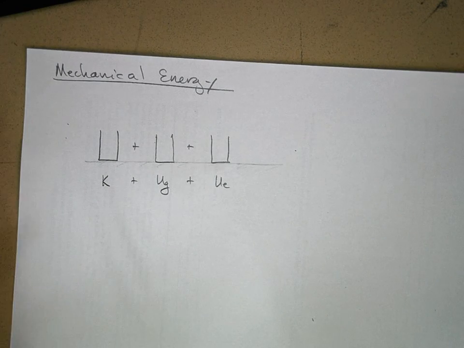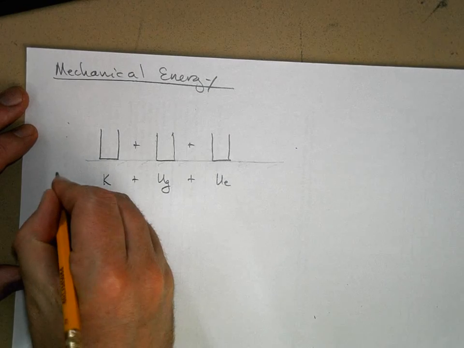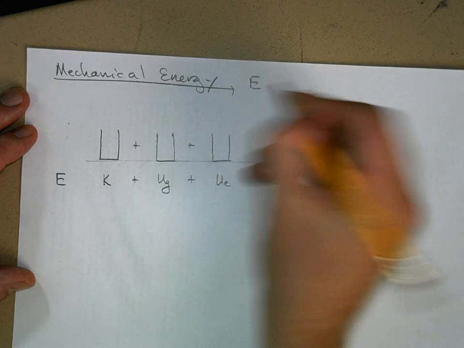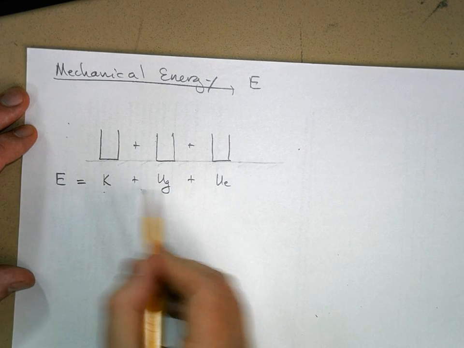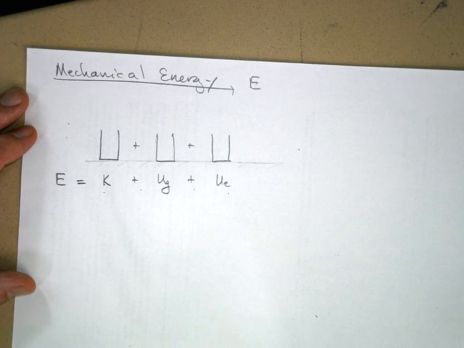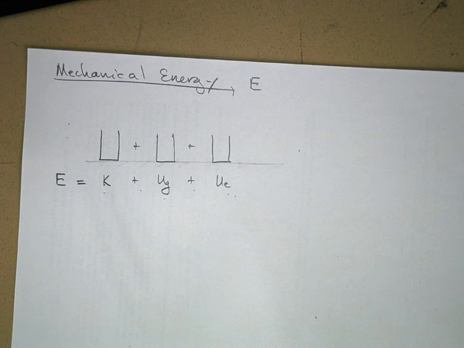The definition of mechanical energy, E, is kinetic plus gravitational potential plus elastic potential. It's the sum of those.